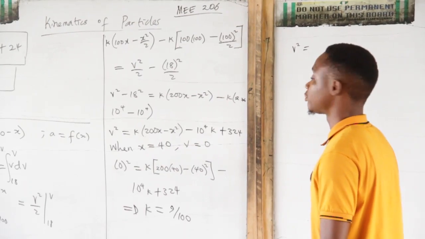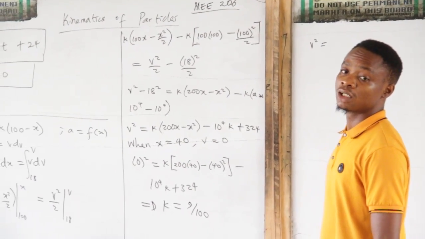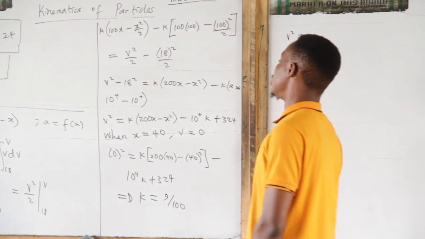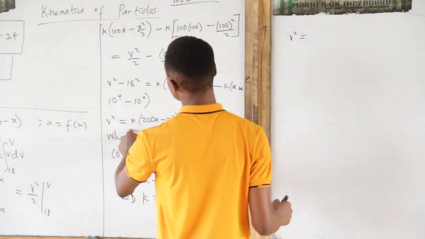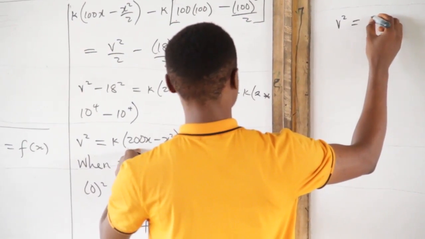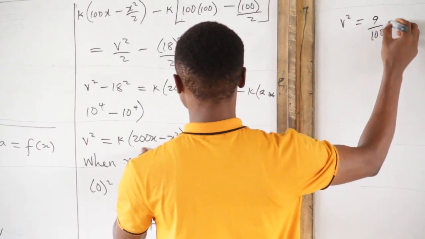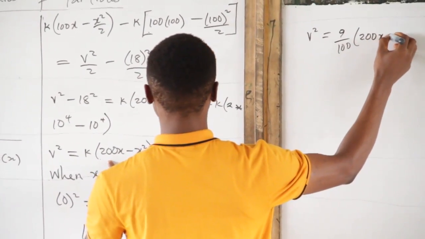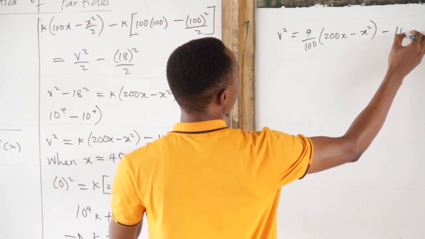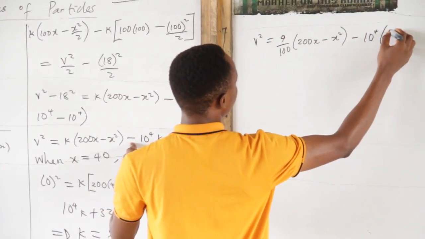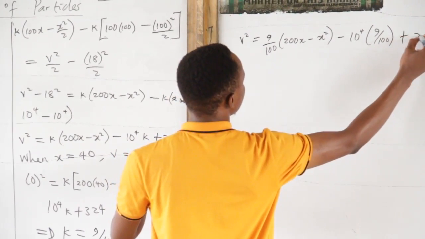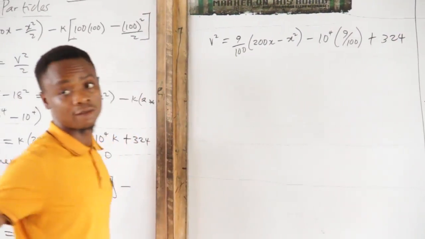We are not done with the problem yet. So look at this. This is going to give us what? V squared is equal to, I can put in 9 over 100 times 200x minus x squared and minus 10 raised to the power 4 multiplied by 9 over 100 then plus 324. Does that make sense? You get it?